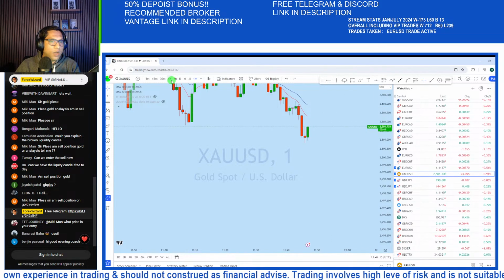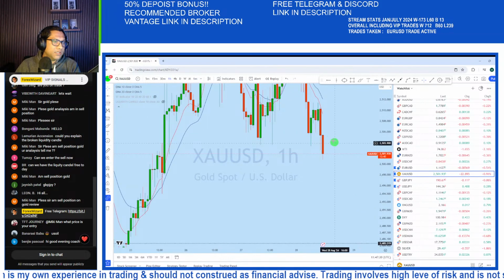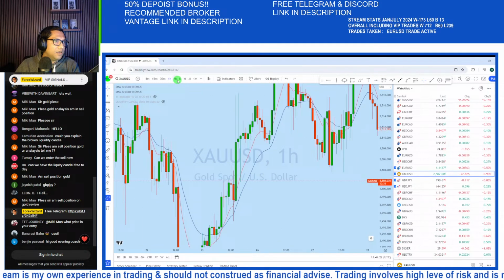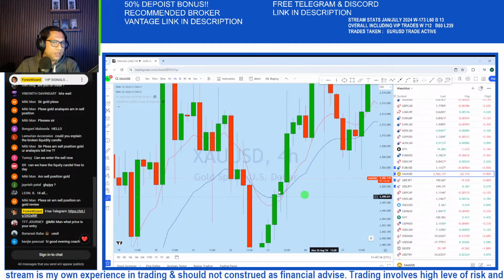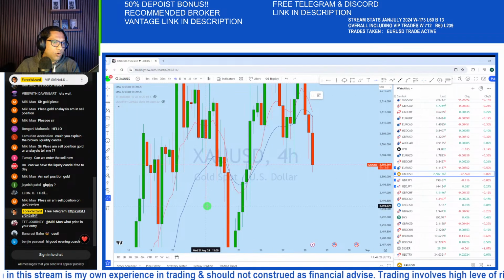So if we look at the 1 hour chart on gold, we can see the market currently below this. There is another liquidity zone here on gold as well.